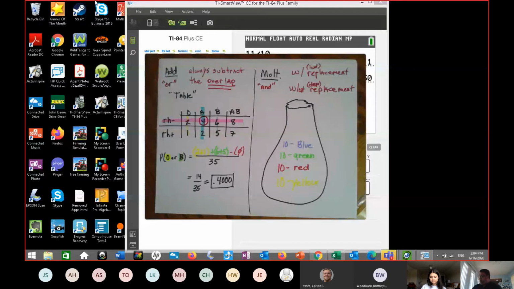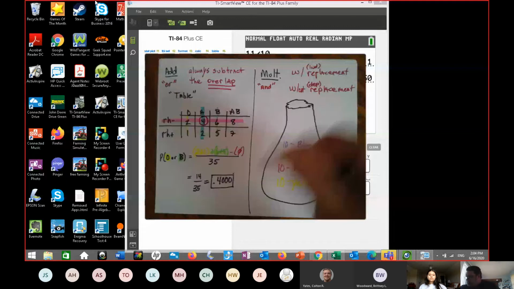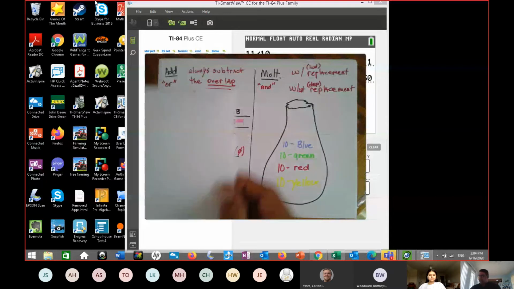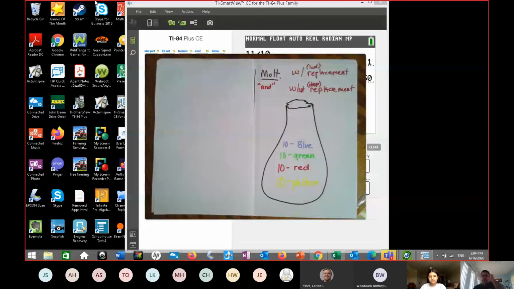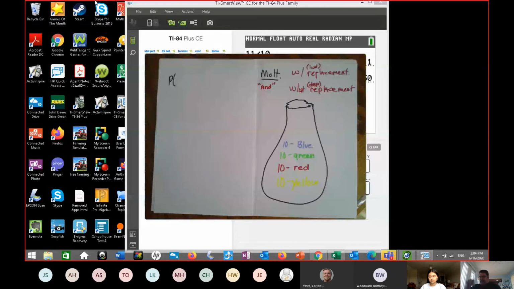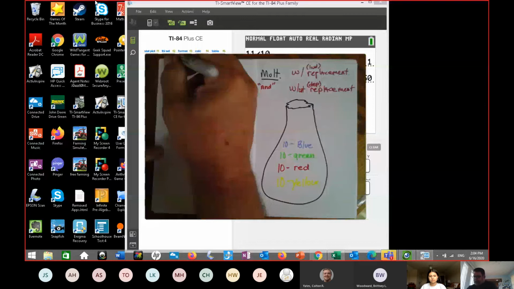And I want to know the probability of two blue marbles, picking a blue marble and a blue marble. That means picking 1 and 2, and they're both being blue.